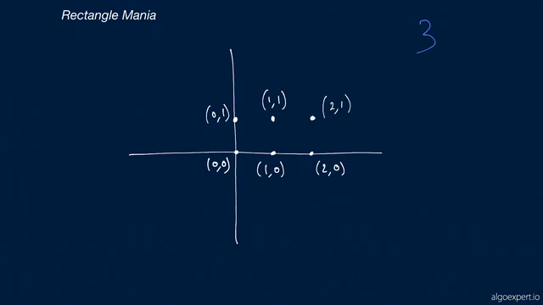And then the way that we're going to count the rectangles is by saying, well, if each of those is a valid bottom left corner of a rectangle, then we should be able to go directly up, find a top left corner, then for every potential top left corner, go to the right, find a top right corner, for every top right corner, go to the bottom, and so on and so forth.